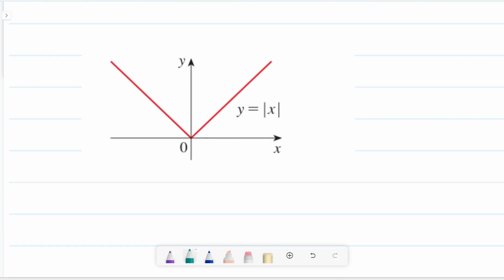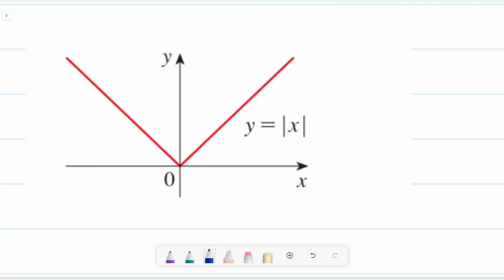Now let's look at absolute value of x. In fact, for absolute value of x, we do have an absolute minimum, or you can call it a local minimum if you were to limit and take an interval.